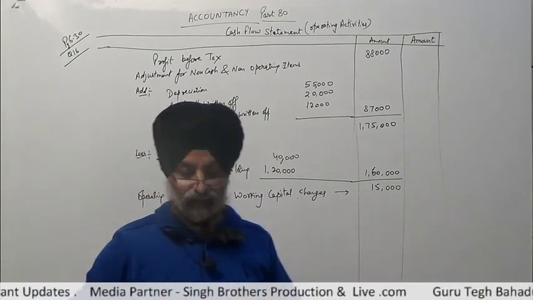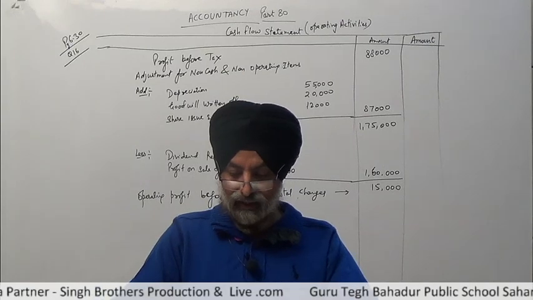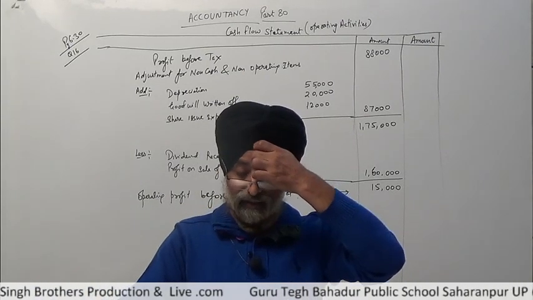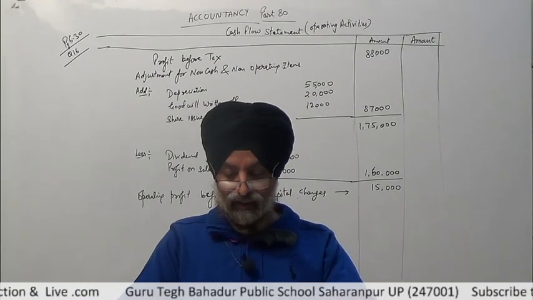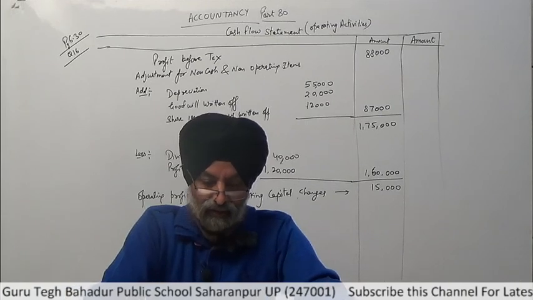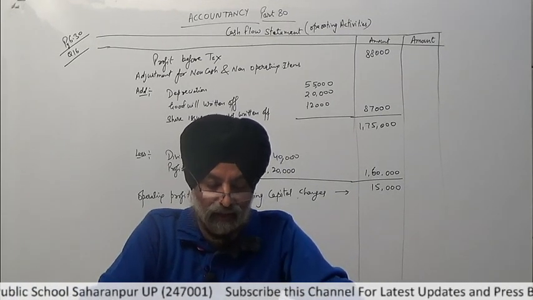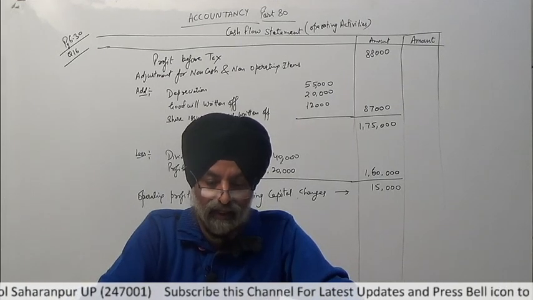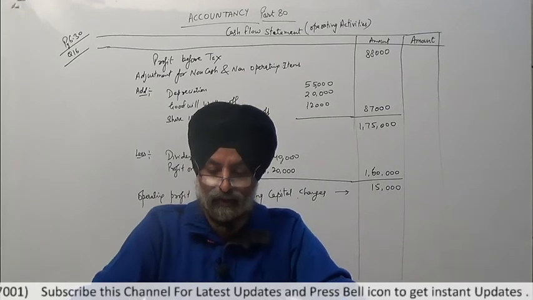After this, we have to add decrease in current assets and increase in current liabilities. Current assets are not here, so take the increase in current liabilities. In this, it is given in the question outstanding expenses of rupees 50,000 and outstanding salary 40,000.